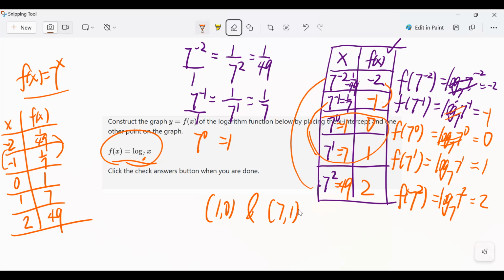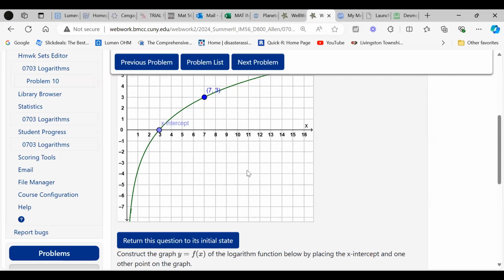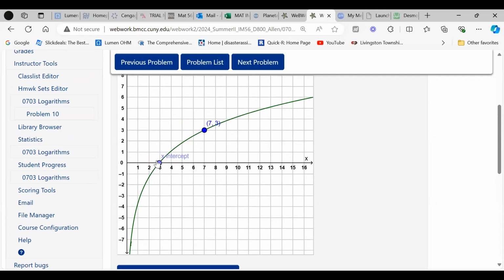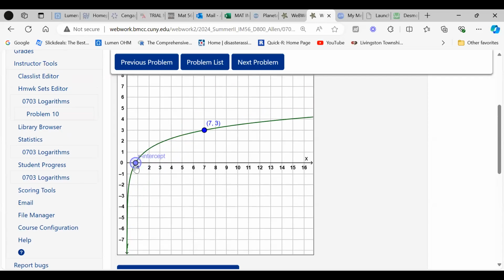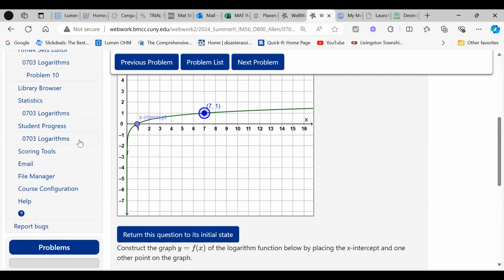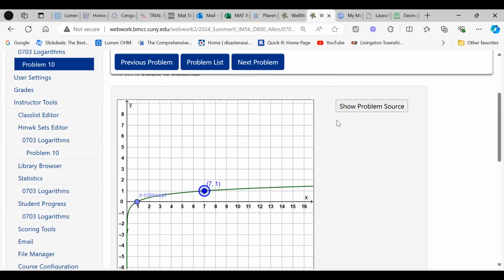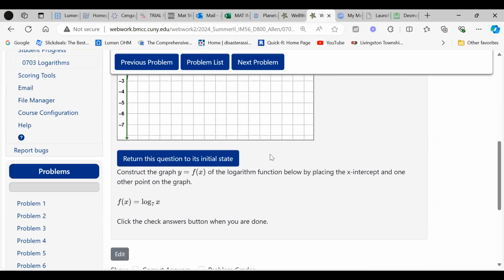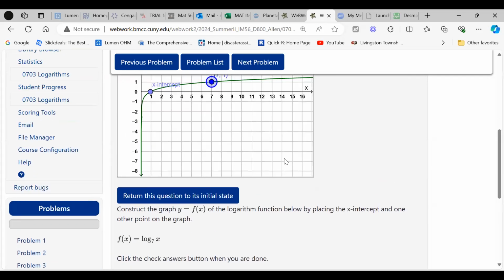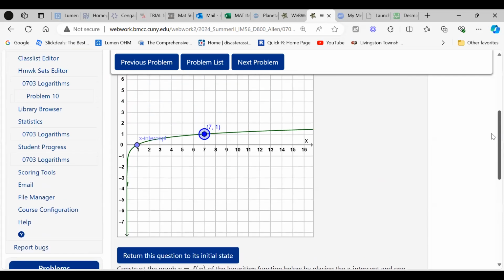The first one is 1, 0. The second one is 7, 1. Yep, here we go. So it's increasing, because the base is 7, greater than 1.